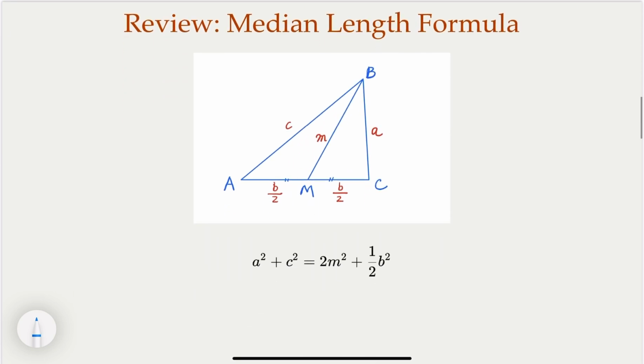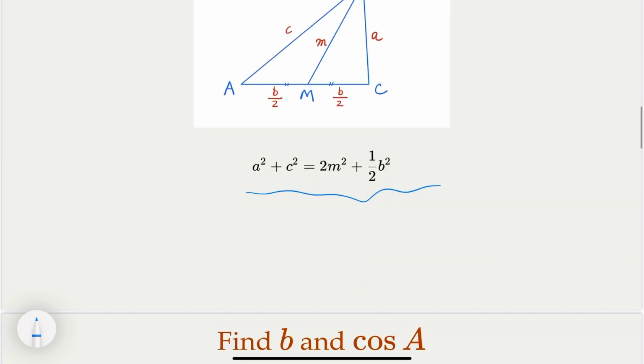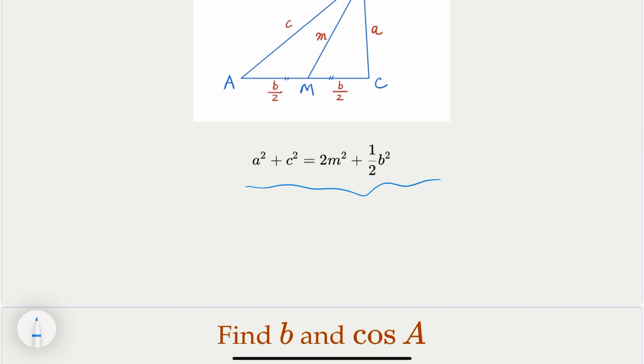All right, so now we plug in the numbers: 6, 4, and the square root of 10. So 6 squared plus 4 squared equals 2 times square root of 10 squared, plus half of b squared. Here we get 36 plus 16, that's equal to 52.